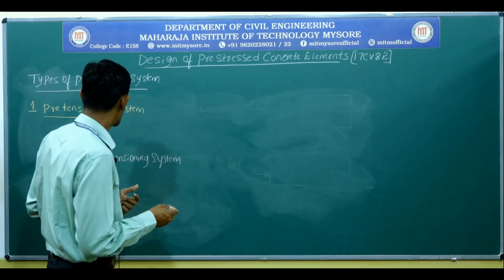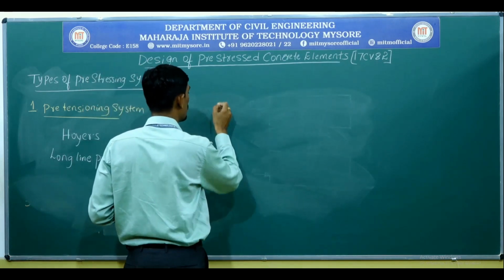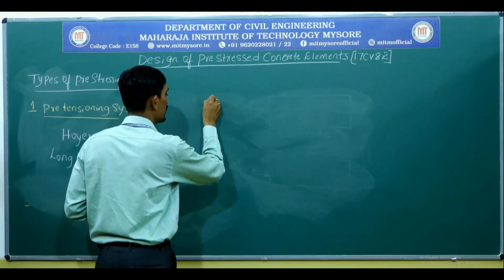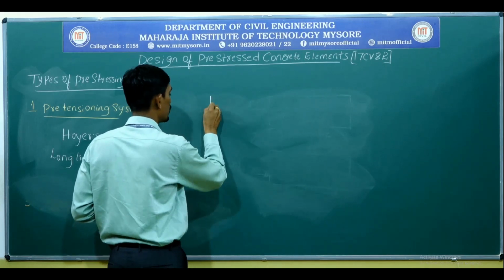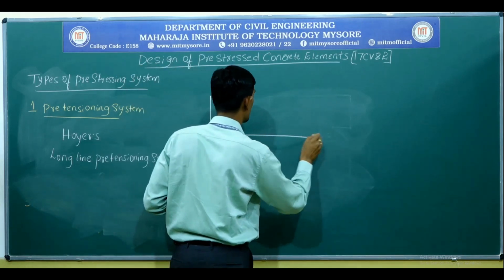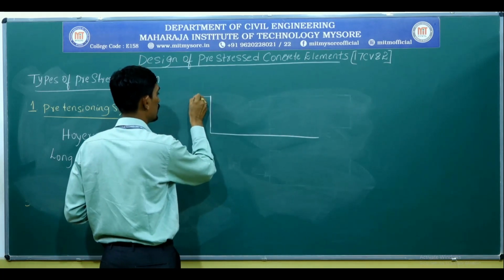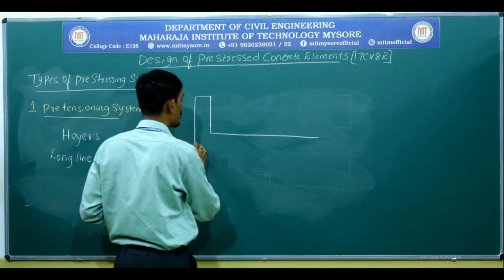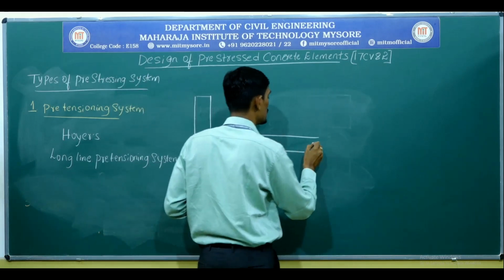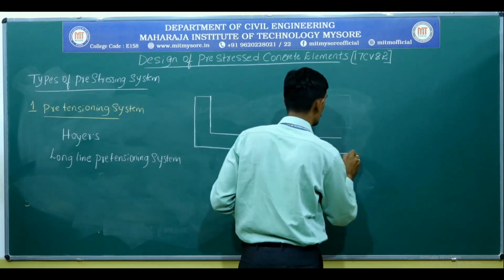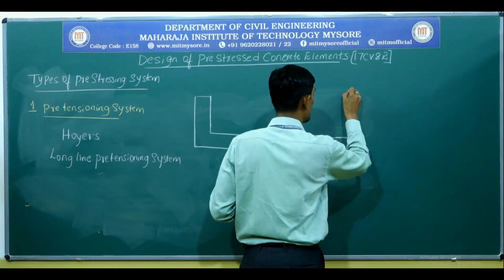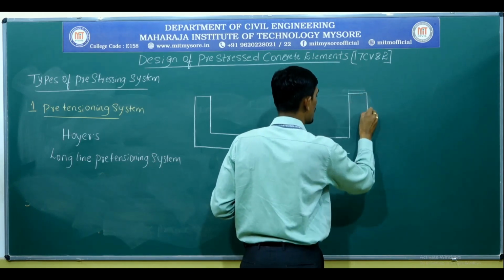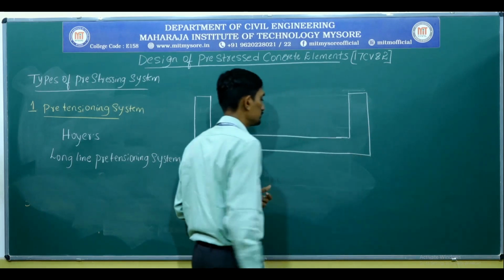Okay, so now let me draw the diagram, and also I can see that figure. Let me draw the casting bed first and the abutments. These will be made up of concrete, and these two abutments are placed several meters apart.